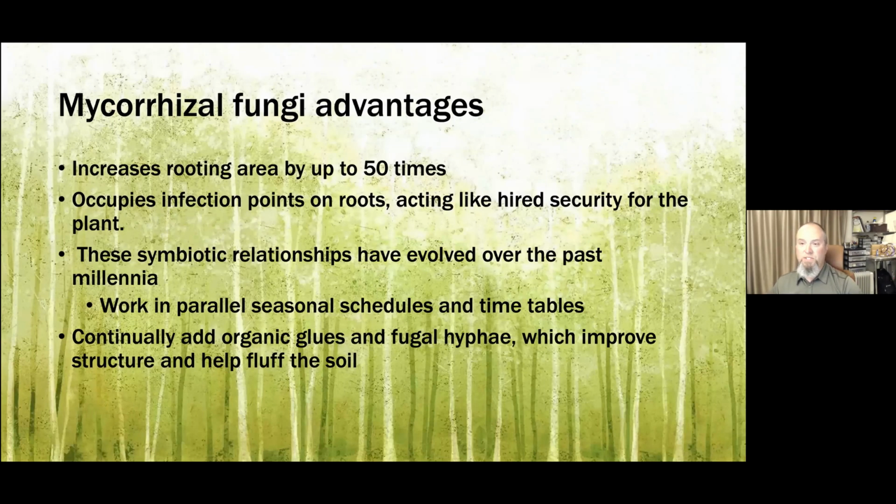So these symbiotic relationships have evolved over the millennia with plants, and they're very specific most often to the species of plant itself. So your ponderosa pine is going to have potentially a symbiotic relationship with a specific type of fungus, whereas your corn growing on the farm has a very different symbiotic relationship with a different fungus. There are a lot of broad spectrum ones.